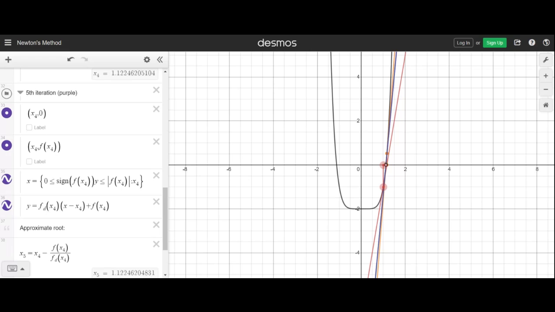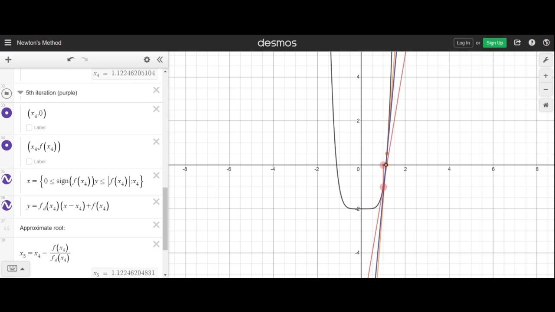How many digits of agreement do you see between the fourth and fifth iterations? 7, that's right, Ian. You see 7. Now, you want 8, right? So we need another iteration. We need at least one.